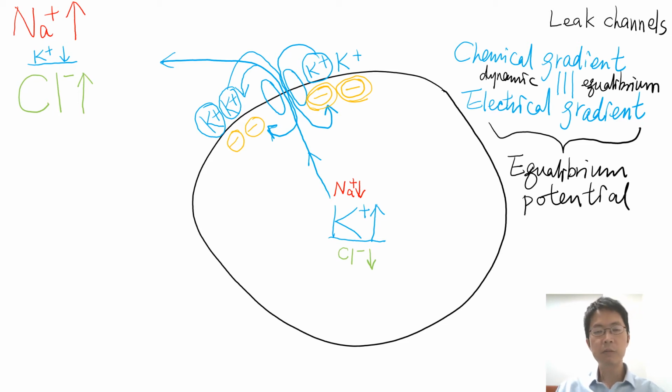So potassium reaches something called equilibrium potential. We call this, let's do it in blue, EK. When potassium reaches the dynamic equilibrium, or the equilibrium potential, the EK value is minus 90 millivolts.